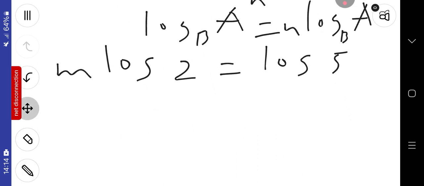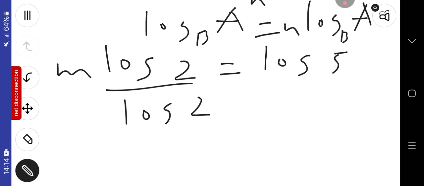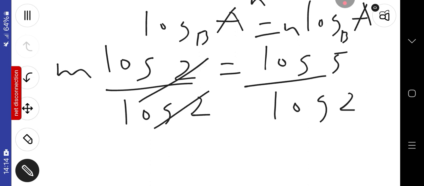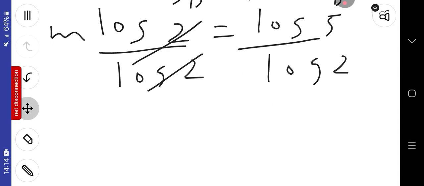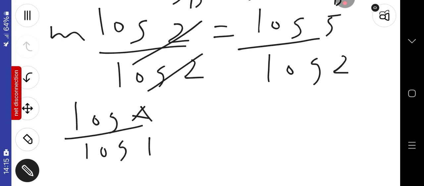To find m, we divide both sides by log 2, so the log 2 cancels. Now let's introduce another law of logarithm: log a over log b is equal to log a base b.